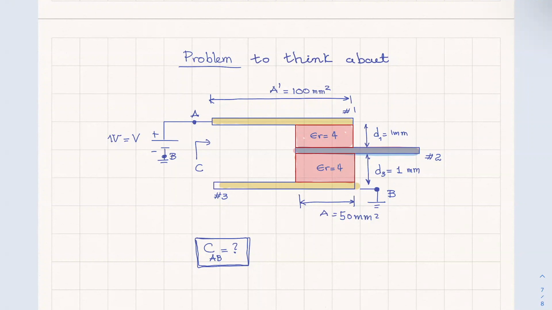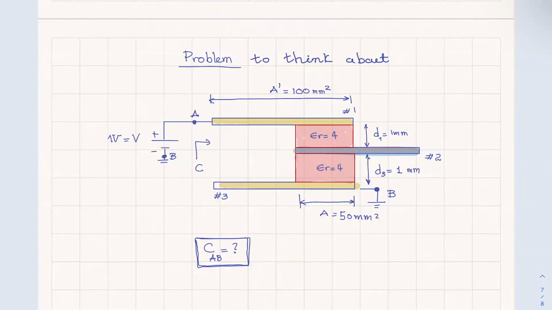But if I don't do it together, I will probably give it to you as a quiz. I will give you this problem and different options for what the capacitance between A and B is. If not, I will give it to you as a quiz.